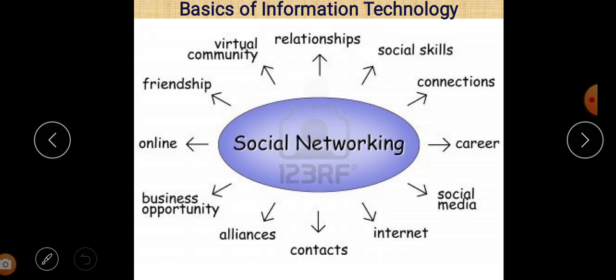Now you can easily see the use of social networking sites.